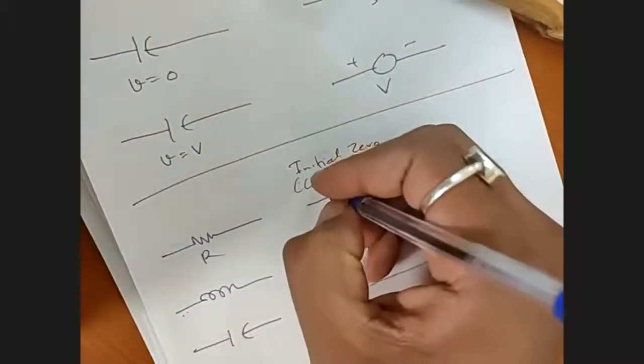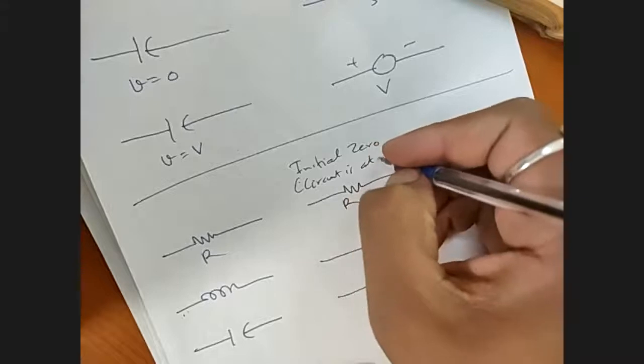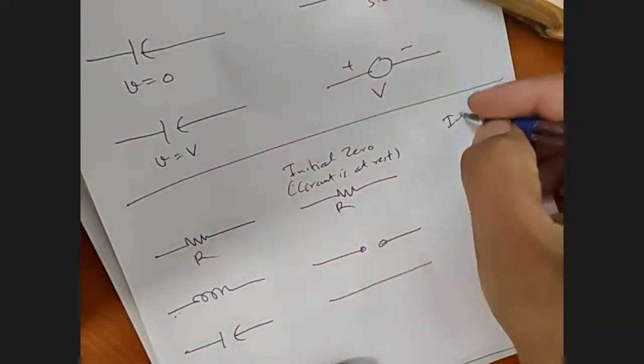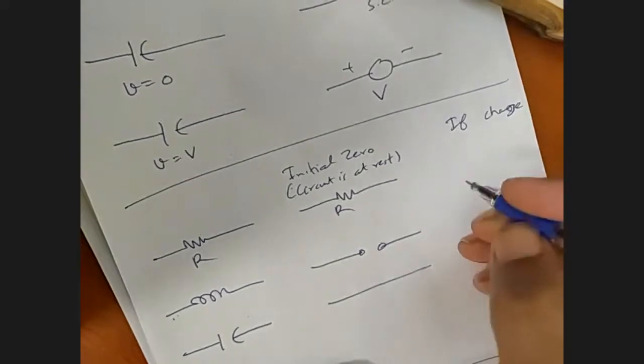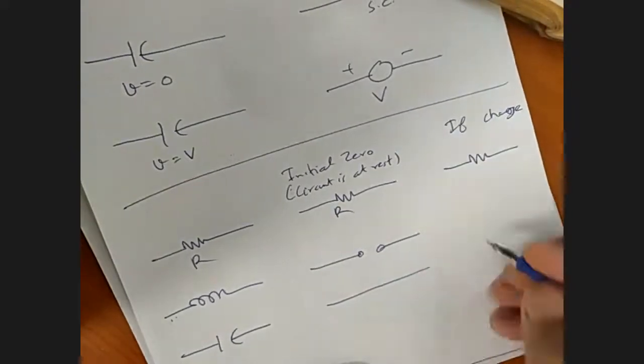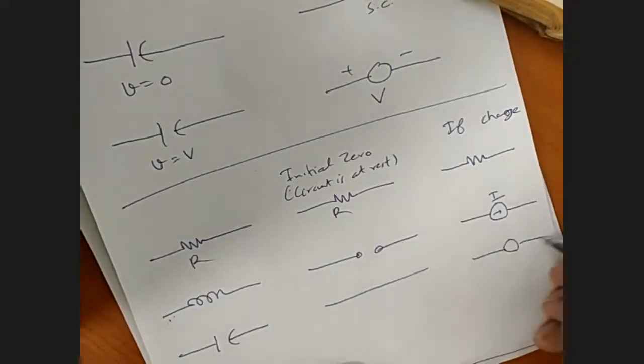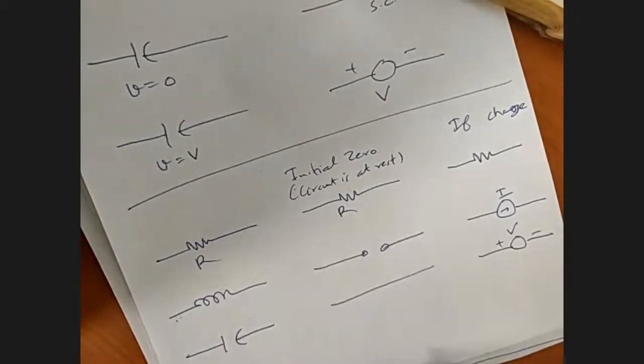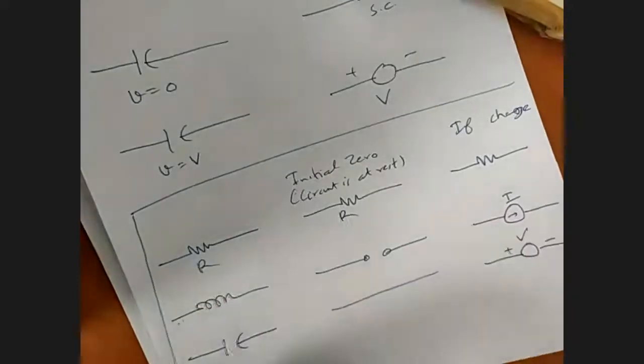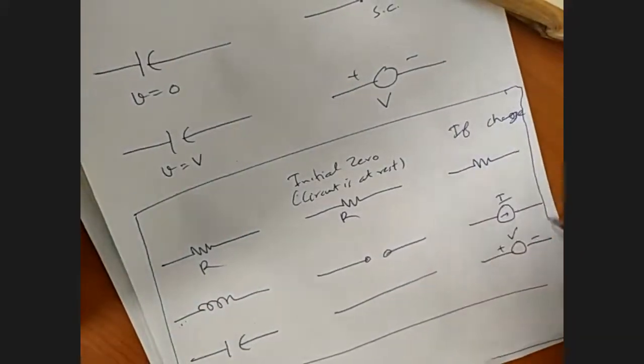If initial 0, that means circuit is at rest. पहले प्रीवियसली t इक्वल टू 0 से पहले सर्किट की कोई भी हिस्ट्री नहीं है, एंड इफ चार्ज्ड then resistance will behave as resistance, inductance will behave as a current source, and capacitance will behave as a voltage source. You have to remember this table.